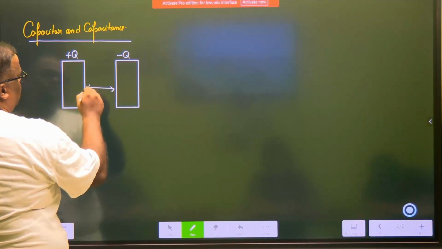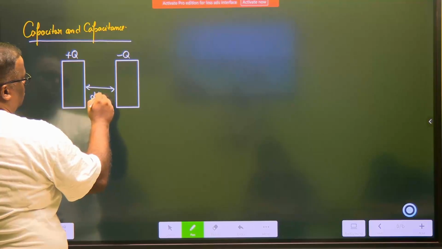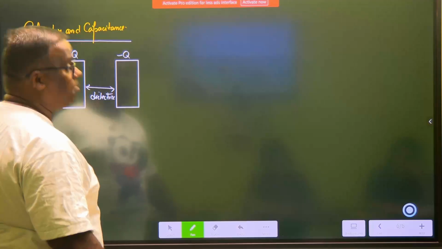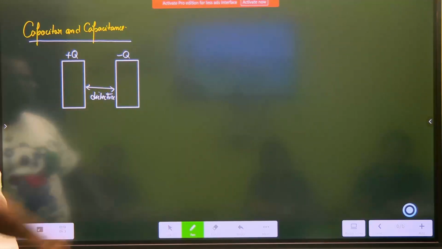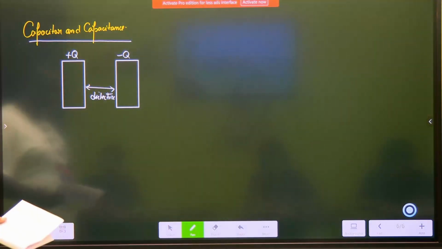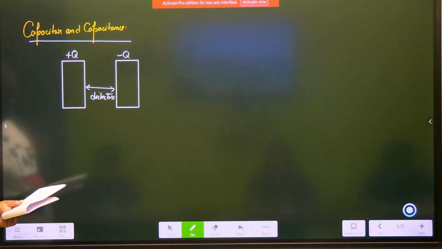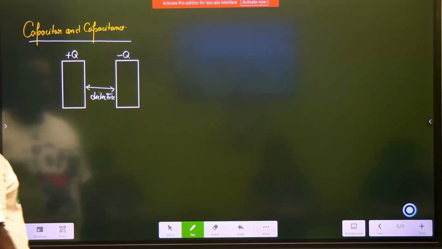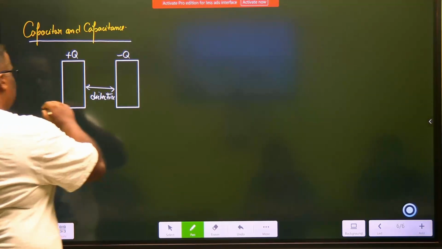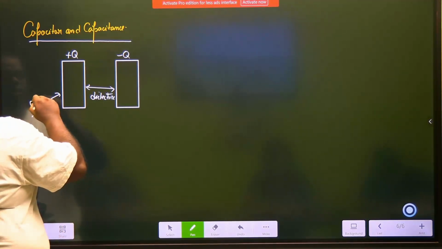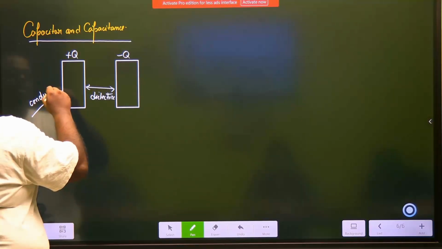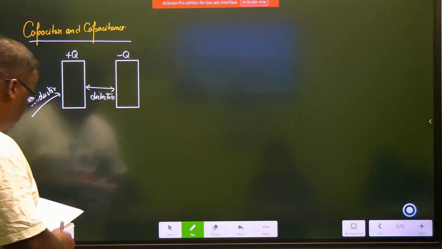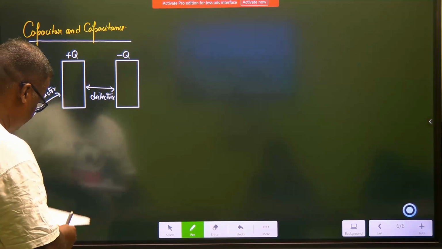So there is where the dielectric part will come. Initially, the capacitor that we will study, we will use air as a dielectric or vacuum as a dielectric. One conductor has plus Q charge and the other conductor has minus Q charge.